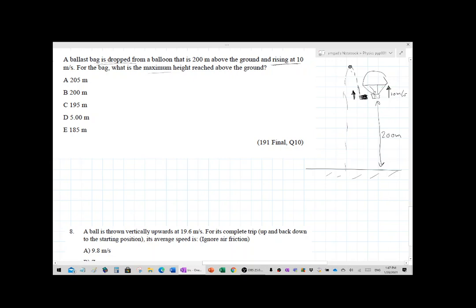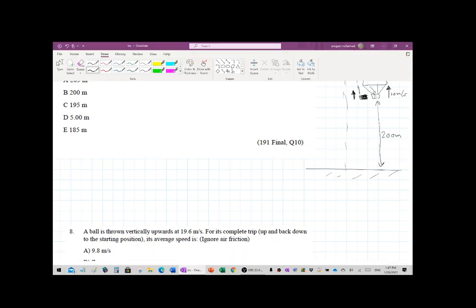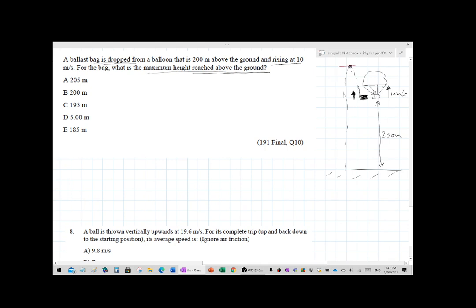So here I need the maximum height reached by the bag above the ground. So the maximum height here, coming from this point, I can start by calculating this height. Let me call it h, and then add 200 meters to the h. It will give me the total height. How can I do that?